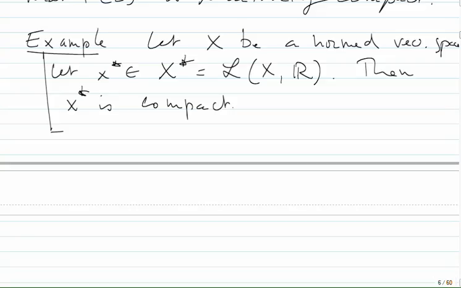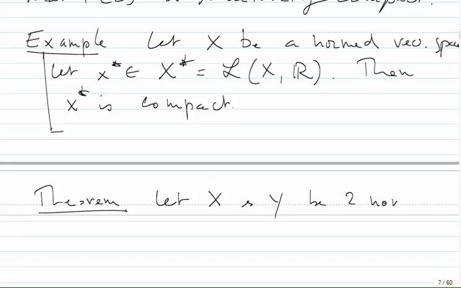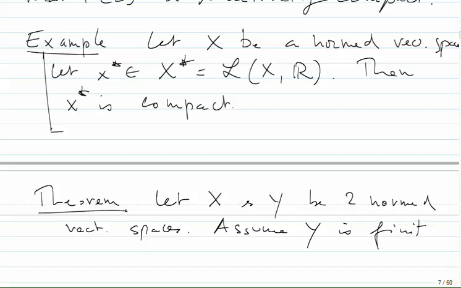So here, this result can extend easily to the following. Okay, so extension of this result, theorem. Let X and Y be two normed vector spaces. Assume Y is finite dimensional.